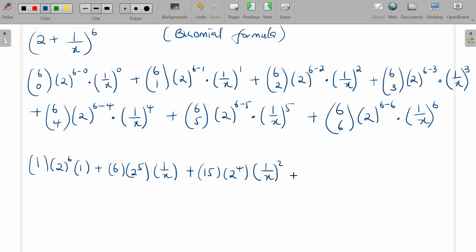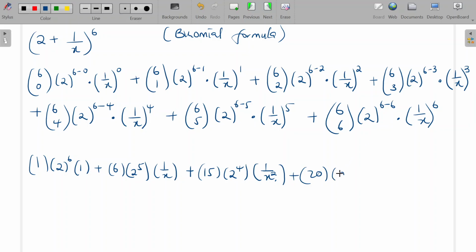Then plus that will be a 20. 6 combination 3 is just a 20.